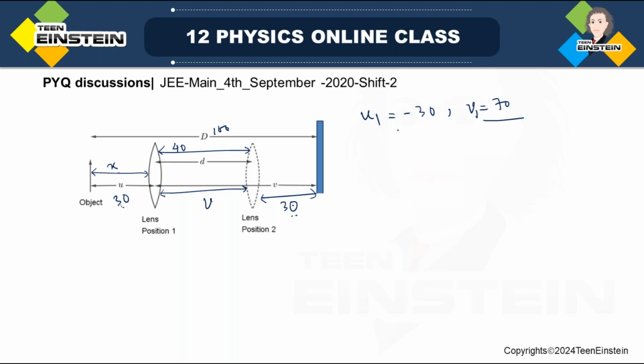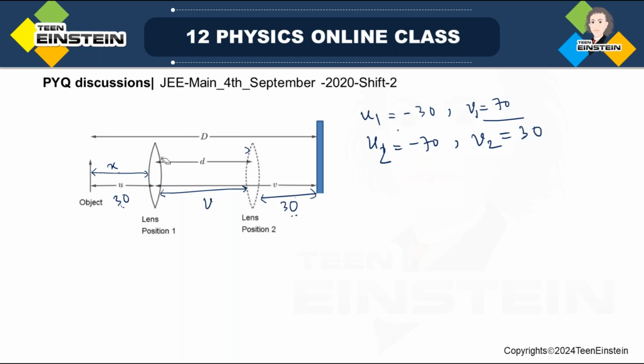Now if this position is 30, this is the image position for the second position of the lens. So you look, this will be interchanged. Sorry, this is V2. So this is actually interchanged, so this will be 30. I hope you are getting my point. I'll just repeat once again with x.